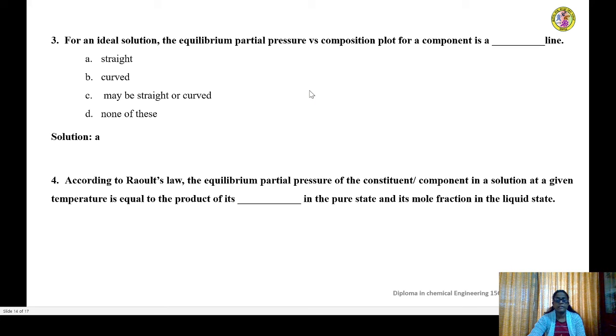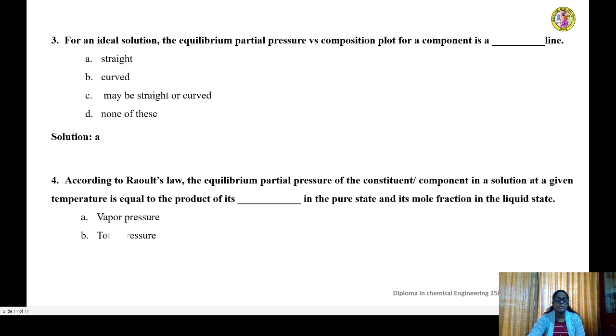According to Raoult's law, the equilibrium partial pressure of a component or constituent in a solution at a given temperature is equal to the product of dash in the pure state and mole fraction in the liquid state. This is one very important relation. Let us see the options and then try to answer the question.